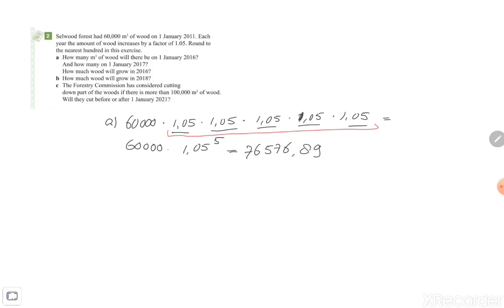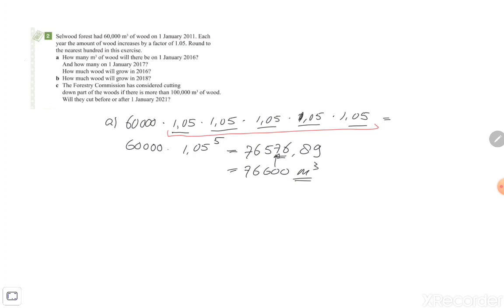But the question was to round to the nearest 100. So the last two numbers need to be 0. So we look at this number, that's a 7, which means that it is 76,600 cubic meters. Do not forget the unit, but that's the answer for exercise A.